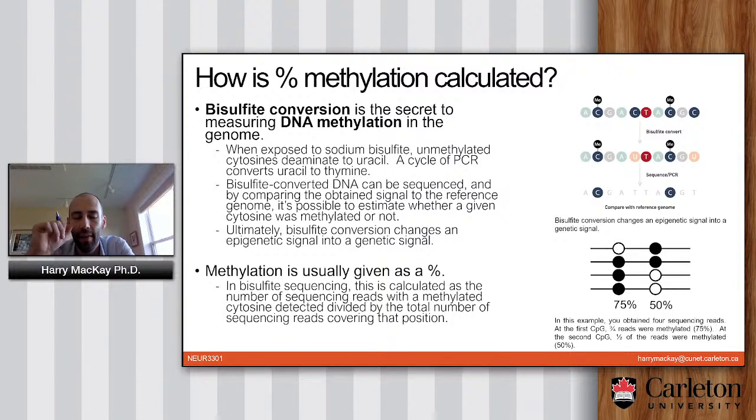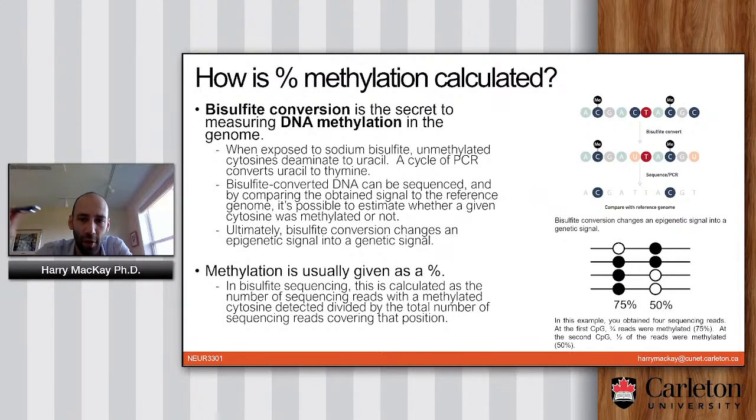So this gives you something you can sequence, and you can compare the sequence you obtain to the reference DNA, and wherever you see a thymine where there should be a cytosine, you know that was an unmethylated cytosine.